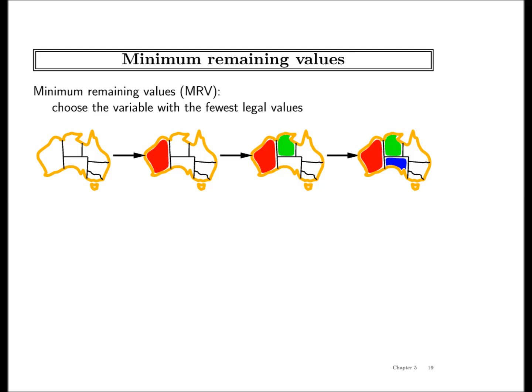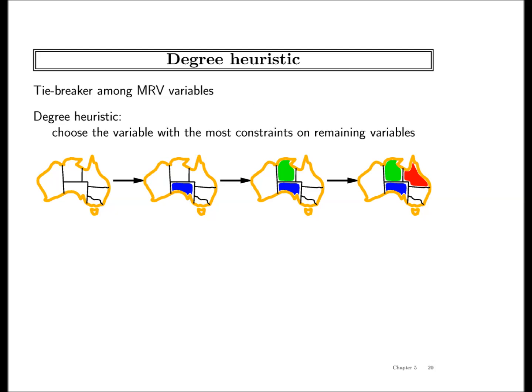So that leads to the secondary heuristic called the degree heuristic, which says choose the variable with the most constraints on the remaining variables. Starting from the beginning, with minimum remaining values all the same, the degree heuristic comes into play. In fact, it first assigns this guy, which is I think the logical step, ideally. And then we go on from there.